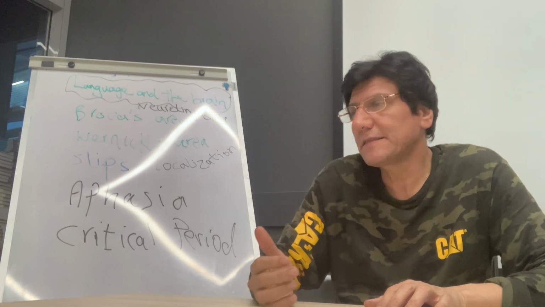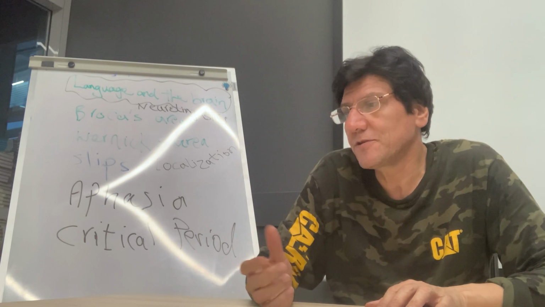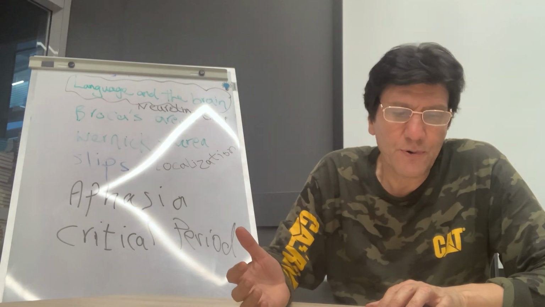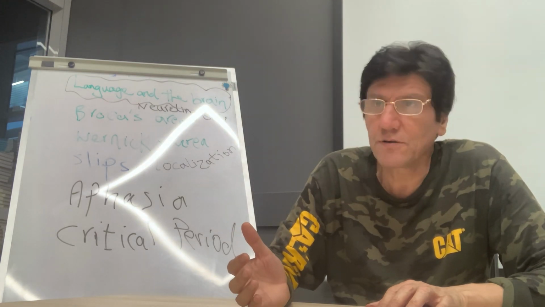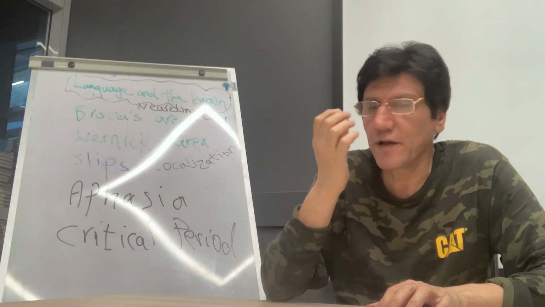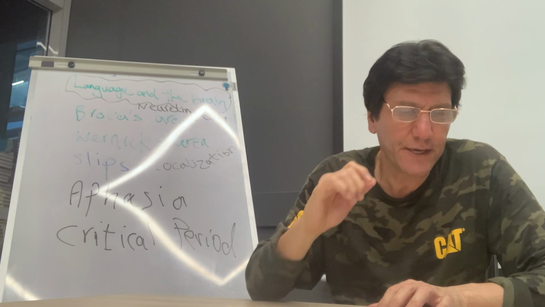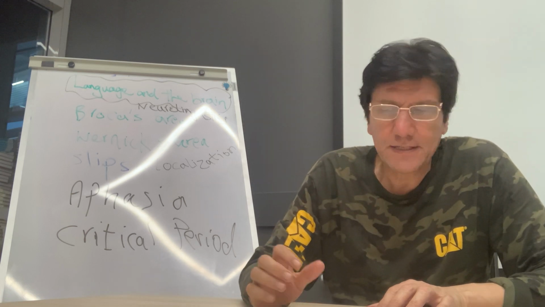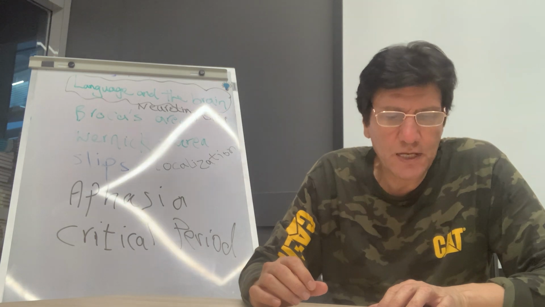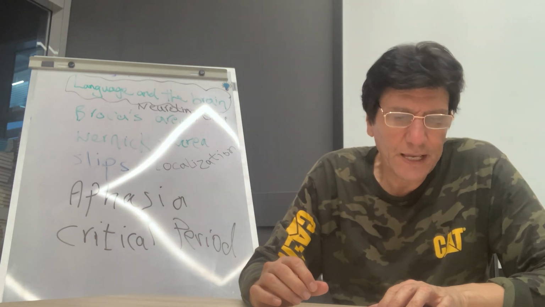The most common type of aphasia is the result or the repercussion of a stroke. When a blood vessel in the brain is blocked or burst, it's referred to as stroke, S-T-R-O-K-E. So this happens through injuries, and it actually leads to language disorders.